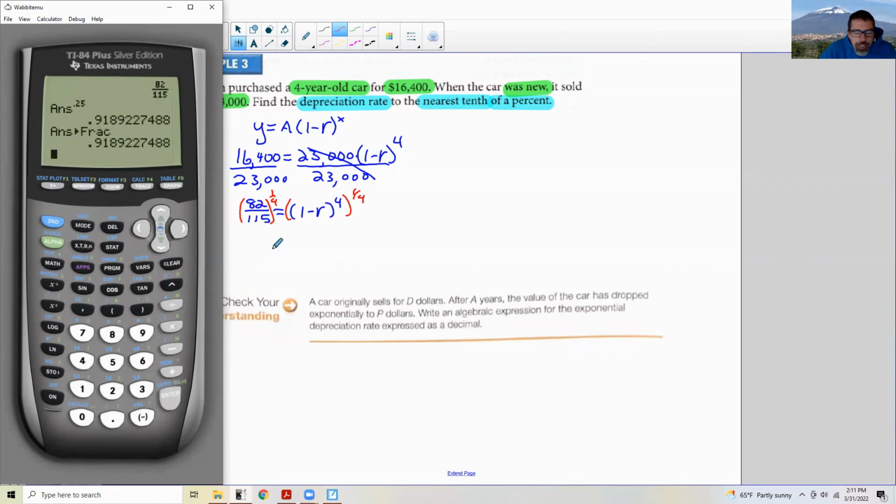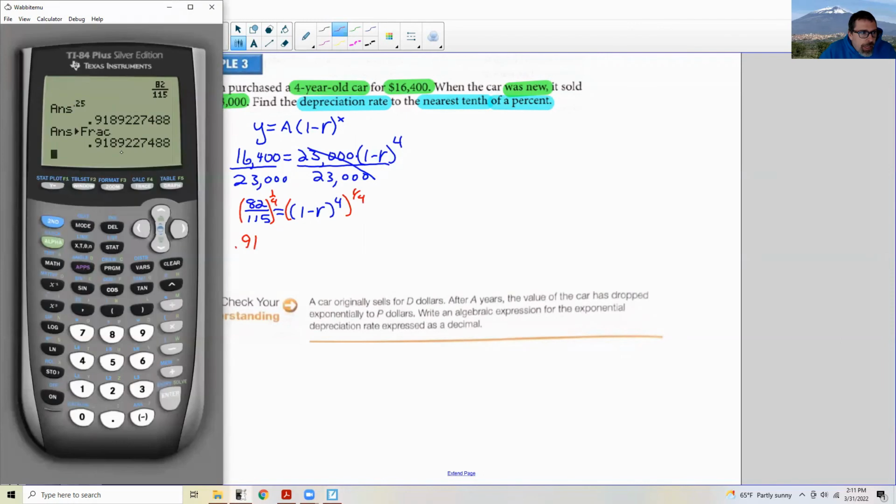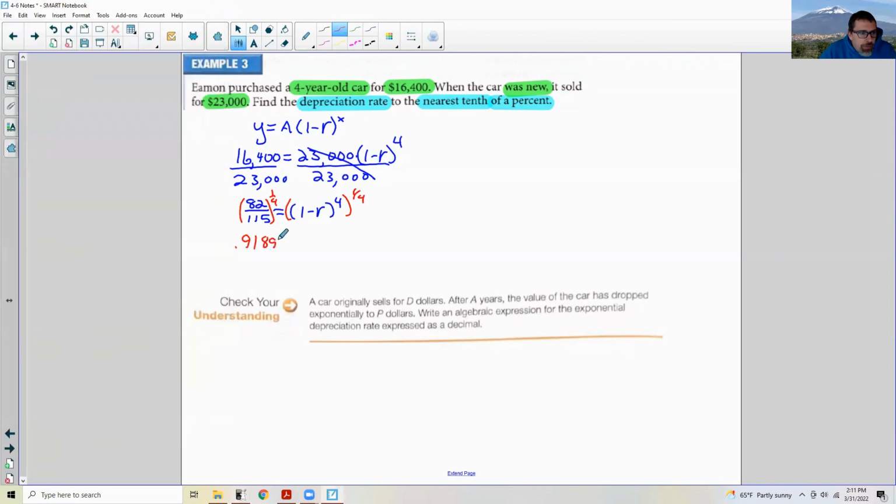All right, now we're getting into a value that is not calculating properly. So it's 0.91892227. And I'm going to use approximately now. So the quarter to the power of 4 cancels to 1, and we're just going to get 1 minus R.